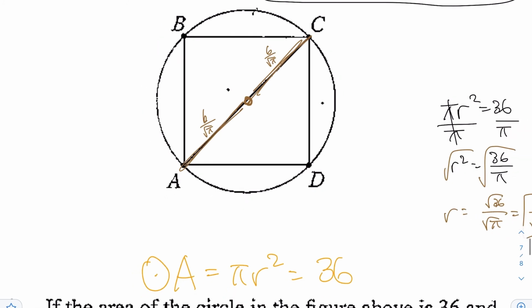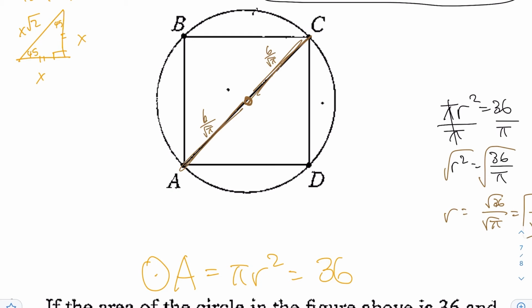And a square, as you know, if you cut a square diagonally, you make two 45-45-90 right triangles. So we've been seeing these a lot. Then isosceles right triangle, and the sides are in a ratio of x, x, x root 2.